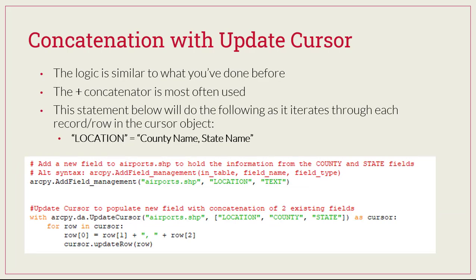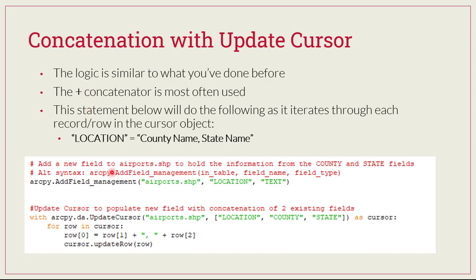When it comes to cursors within ArcPy, the logic is very similar. However, we're going to focus on the use of that plus sign concatenator. That's what we're going to use most often, and that's what you will see people use most often when it comes to concatenating fields together in our table to populate a new field.